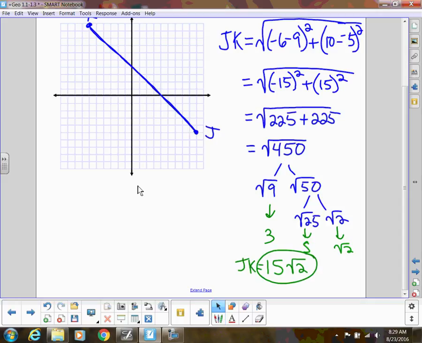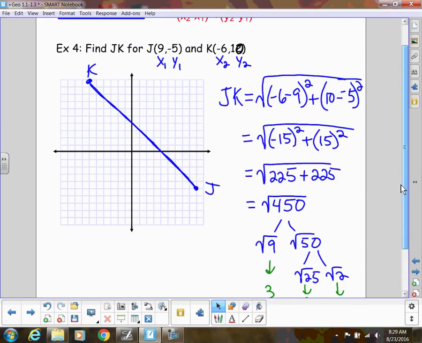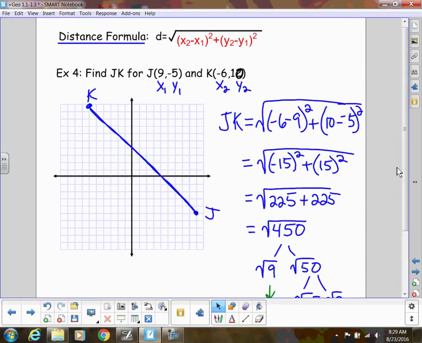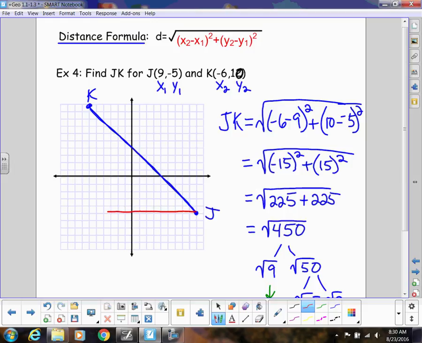Now let me show you another way. The distance formula is actually derived from the Pythagorean theorem. So let's say I graph this and I use this distance between J and K as a hypotenuse of a right triangle. So I'm going to draw a right triangle out of this. In order to draw a right triangle, go horizontally and then vertically.